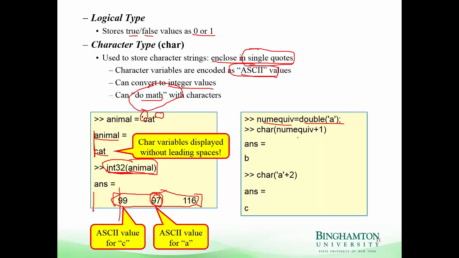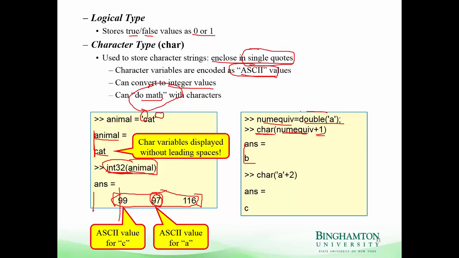Then I can take that double precision variable, add 1 to it, and use the command char to convert it back into a character. So I take the double precision 97 plus 1, which gives me 98. Take 98, convert it into a character, and it gives me the character b. Notice it lines up, so I know that that's a character variable. And it just so happens that 98 is the ASCII value for b, so that's why we got a b.